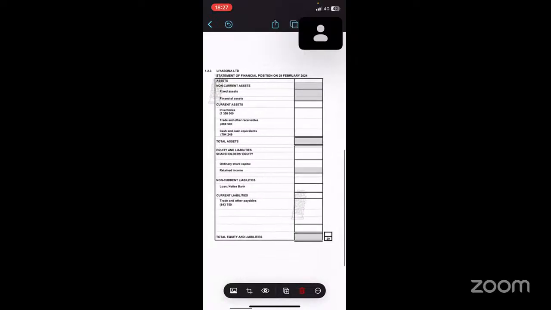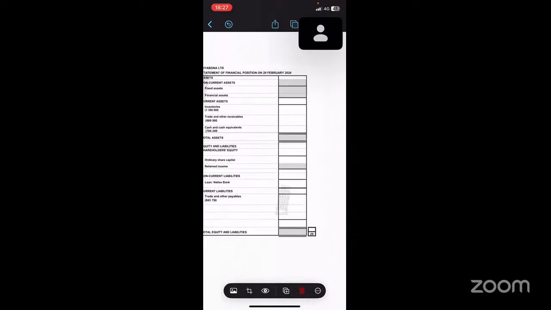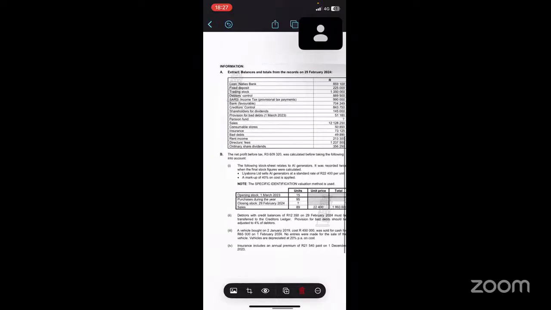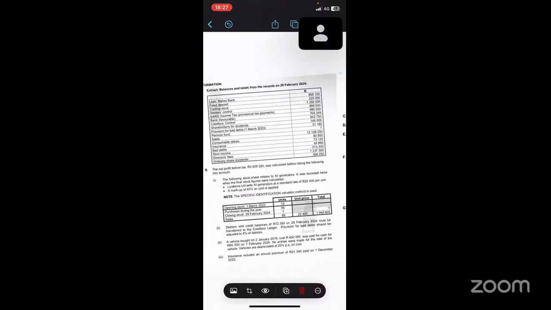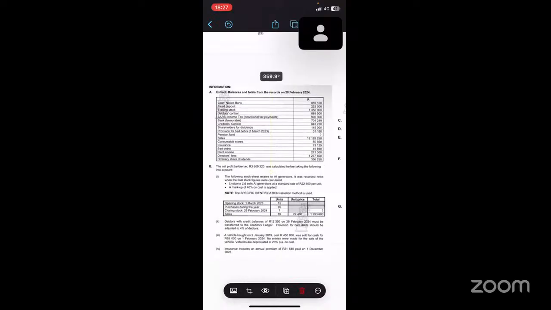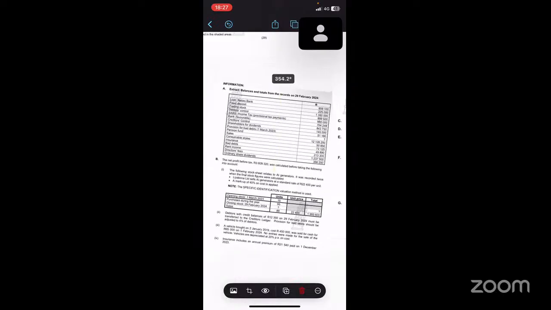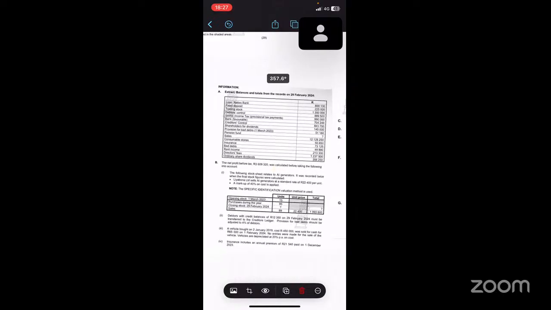According to the answer book, it says inventory is 1,350,000 and it's in brackets, so that means we may need to make an adjustment to it, right? So we're just gonna go through the adjustments and let's see. So in the answer book, they just have this amount over here.